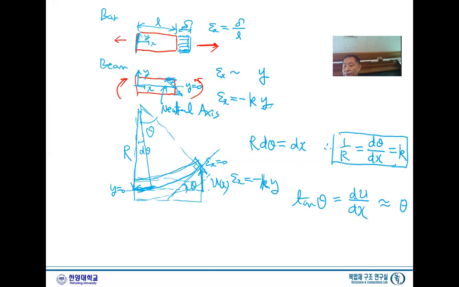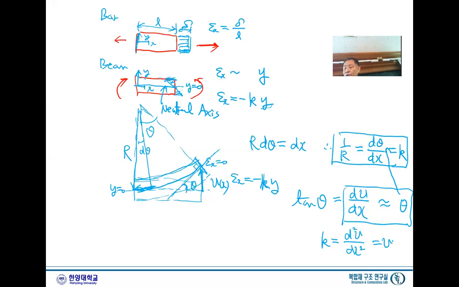Now, let's put this equation. This is the important one. Since we have theta, let's put it here. Now, what do we have? We have K, or 1 over R. K will be what? We put it here, we have the v second derivative, right?